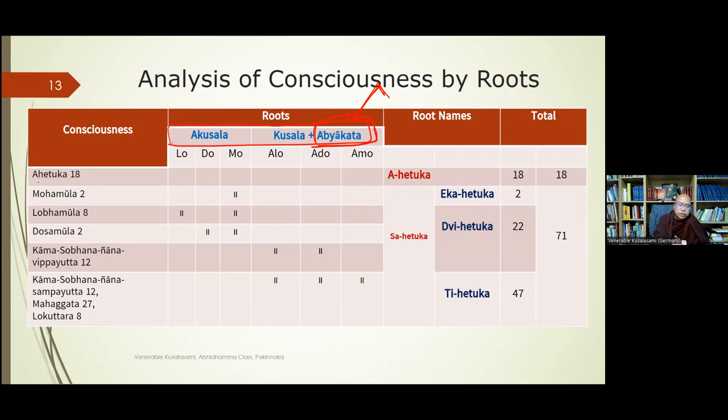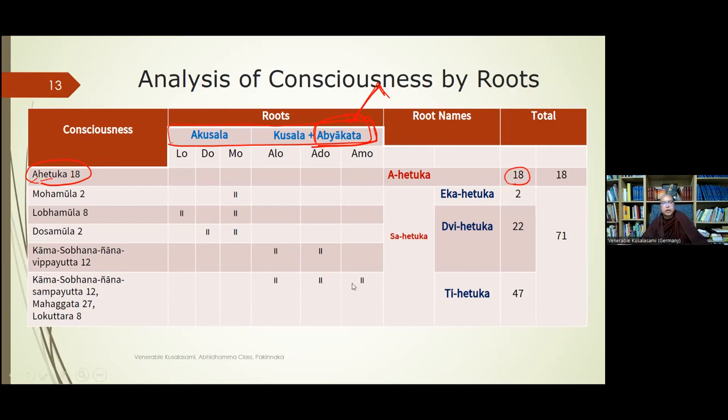So let's go here. Ahetuka 18. The word itself shows it has no roots. It is negative, hetu roots, ahetuka means rootless consciousness. We already know the 18 rootless consciousness from the first chapter.